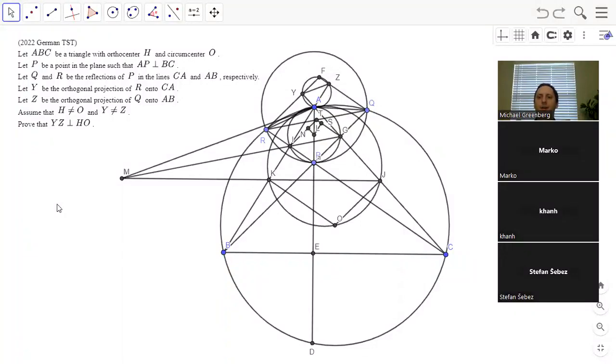Oh yeah, then it is done. Because the angle between FY and AC is 90, so that solves it if you prove that. FYZ equals FAZ. Okay.